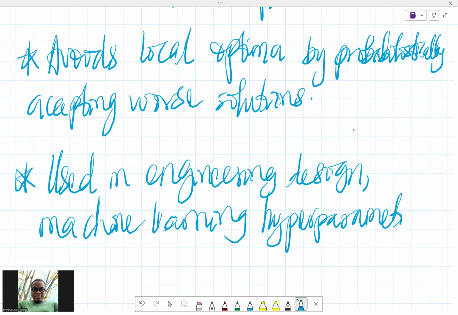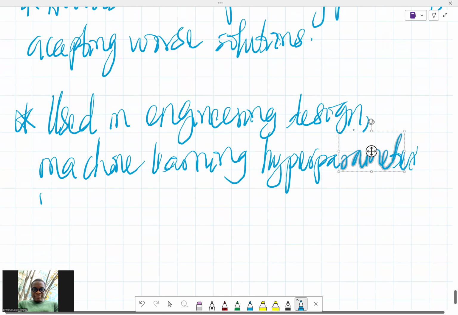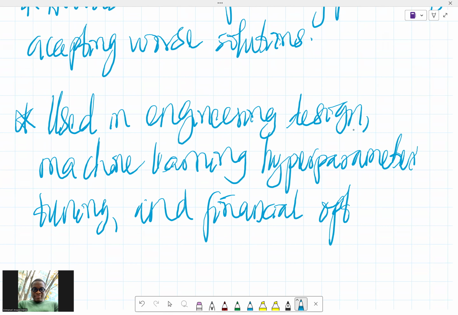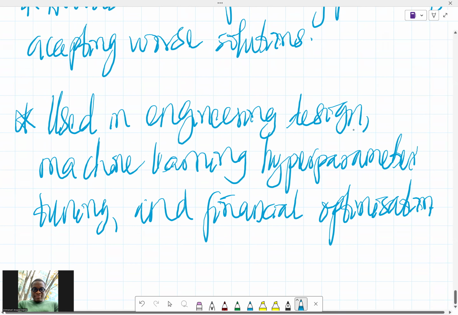And financial optimization, like we said before. So this approach provides a robust optimization framework for solving complex nonlinear programming problems where traditional methods may fail.